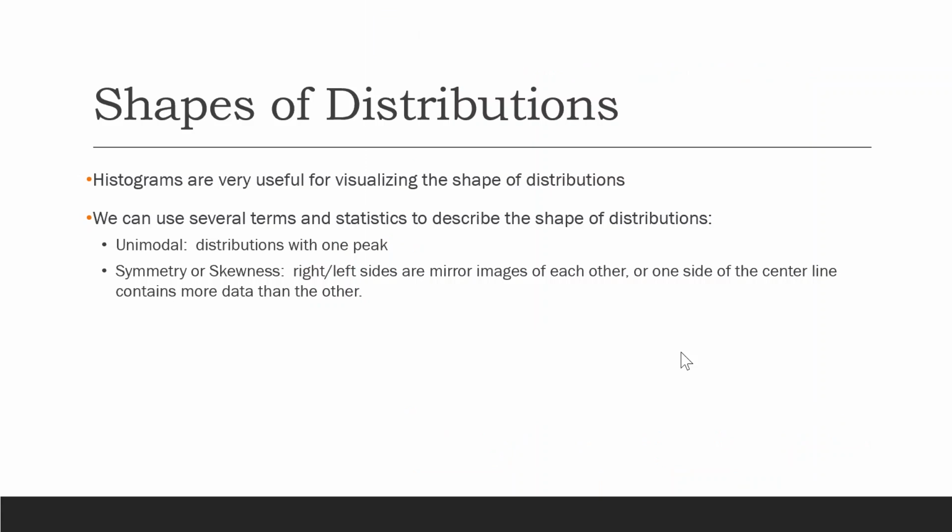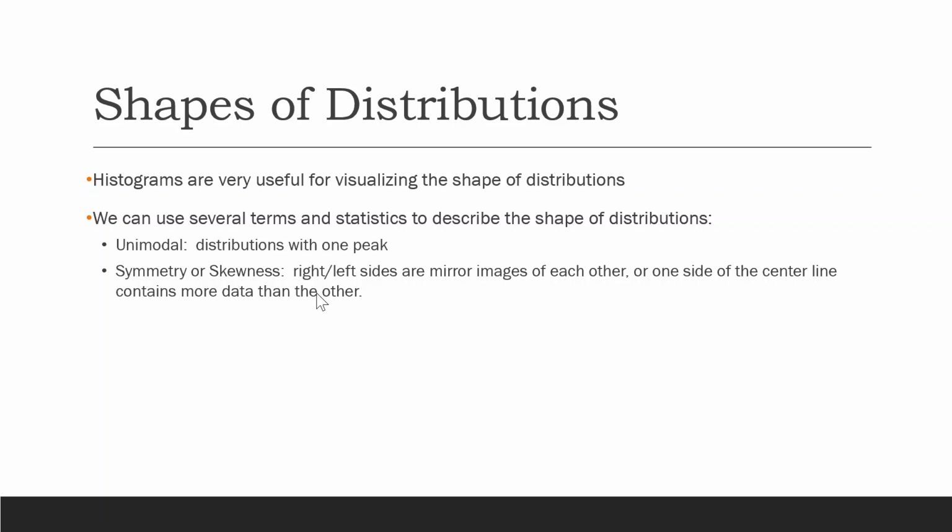When we're talking about shape, we're going to use 2 terms here. We can talk about whether the shape has one peak. These distributions are known as unimodal distributions. The prefix uni represents 1, and these are distributions with 1 peak. And then we can talk about whether a distribution is symmetrical or not, and use terms like symmetry and skewness.